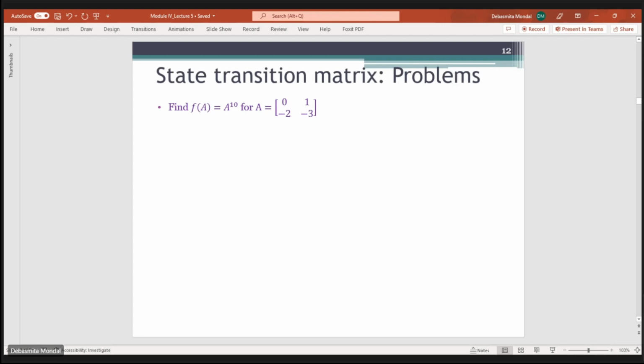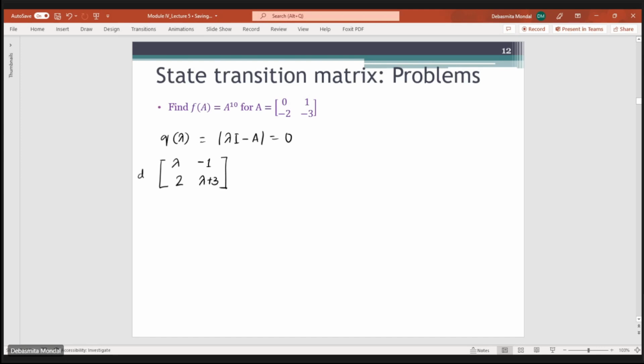The first step was that you have to find the eigenvalues of this matrix A. Okay, so in order to find the eigenvalues, you have to write the characteristic equation. The characteristic equation of this matrix A will be given by determinant of lambda I minus A is equal to 0, right? So from this you can write that lambda I minus A will be this matrix, lambda, minus 1, 2, lambda plus 3.